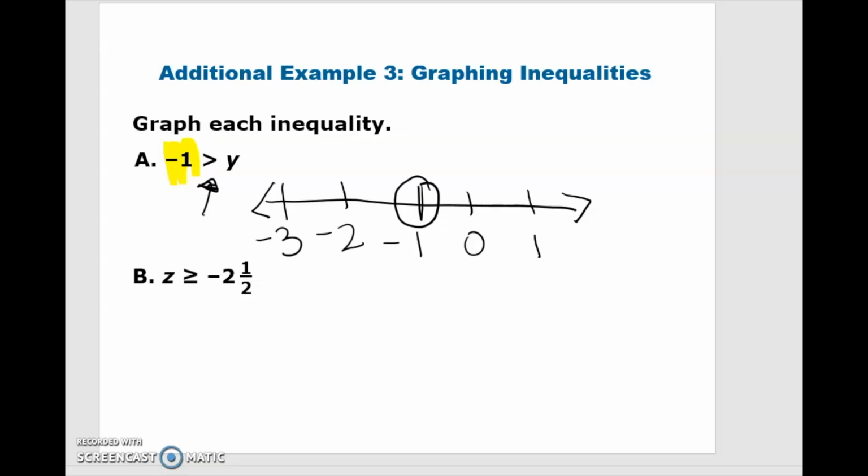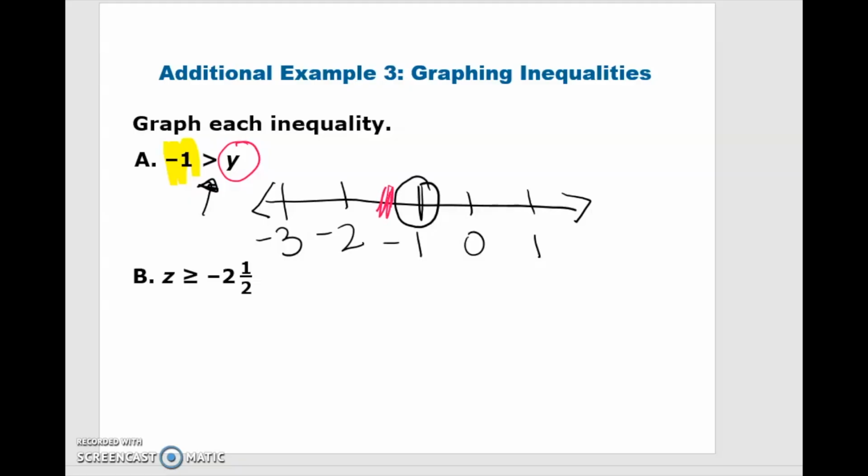Now this is the hard part. I am going to be coloring in all of the values that y can be. So it says negative 1 is greater than y. That means that y can be anything smaller than negative 1. So when I'm looking at my number line, I'm thinking, okay, well, where are the smaller numbers?